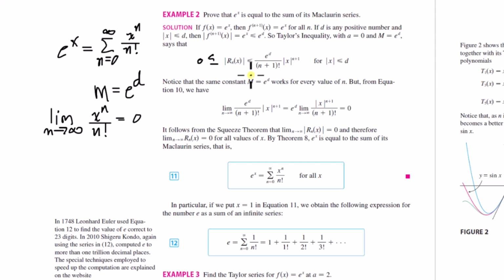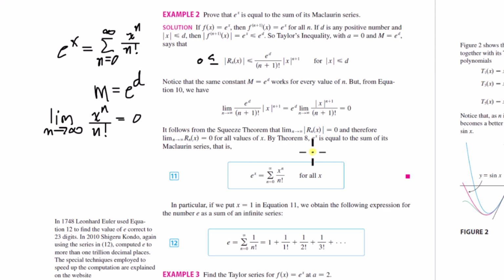You know that a function is less than or equal to some other function and greater than or equal to some other function. If you show that the limit as n approaches infinity of the upper function goes to a number like 0, and the limit of the other side goes to 0, since the limit as n approaches infinity of 0 is 0, then you know what this limit must be. In other words, the limit as n approaches infinity of the absolute value of r sub n of x is equal to 0.